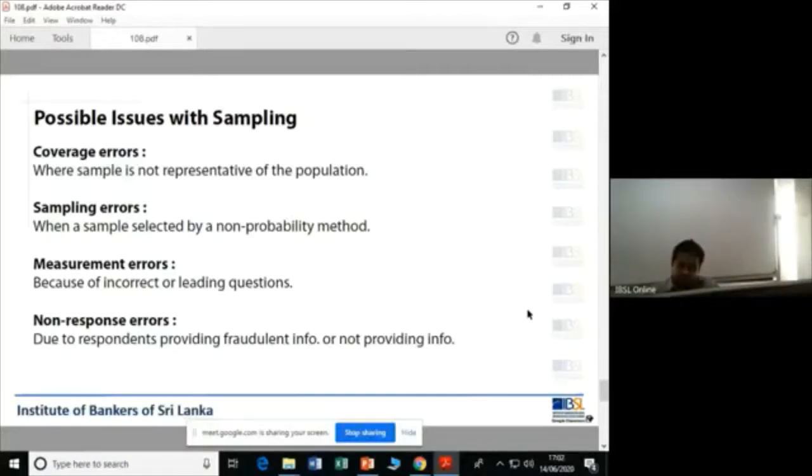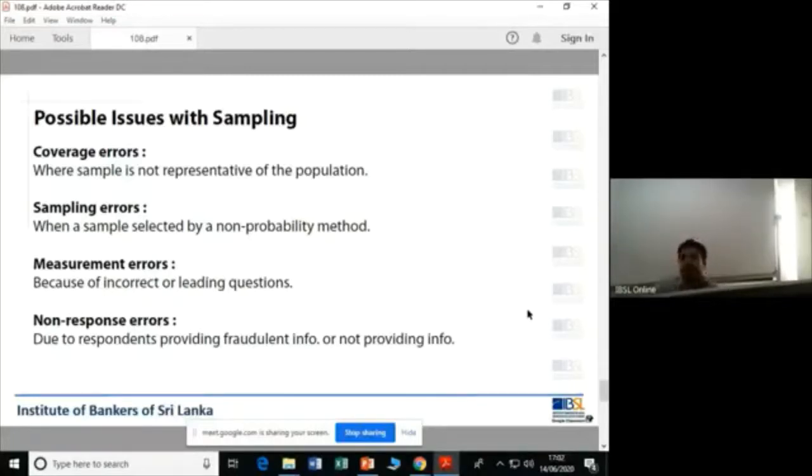Second one is sampling errors. This occurs when a sample is selected by a non-probability method. If you use probabilistic methods, as we discussed at the global level, you give an equal opportunity to be selected to the sample.